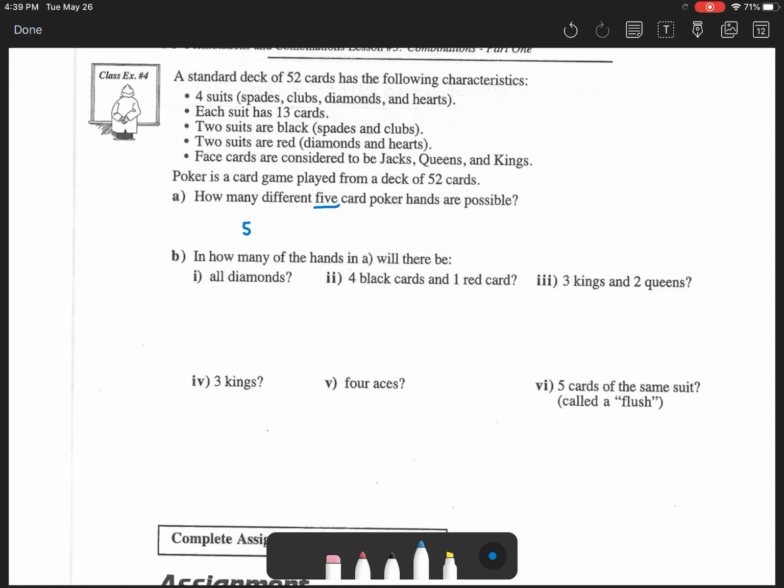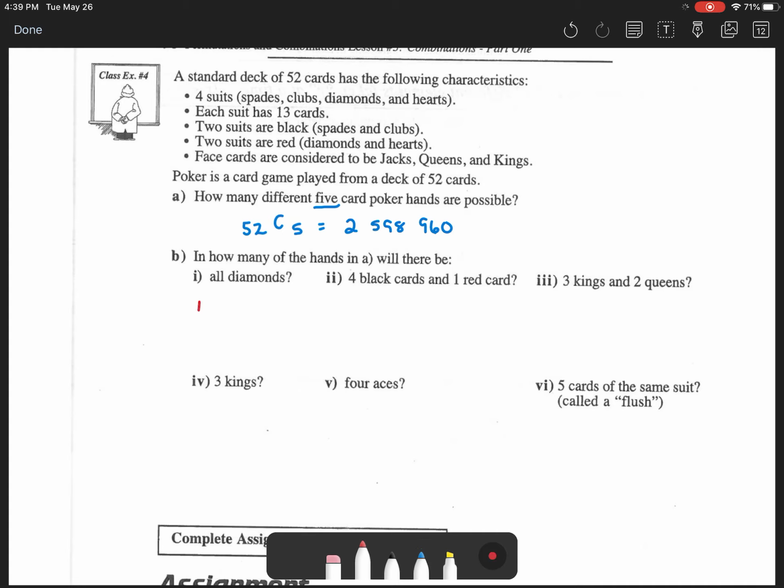So as soon as I say the order in which the cards are dealt to me does not matter, that's a combination, that's not a permutation. So there are 52 total cards, and I'm choosing 5 of them to have in my hand. So just 52 choose 5, that's 2,598,960. Okay, so that's a lot of different ways that you can get the 5 cards.